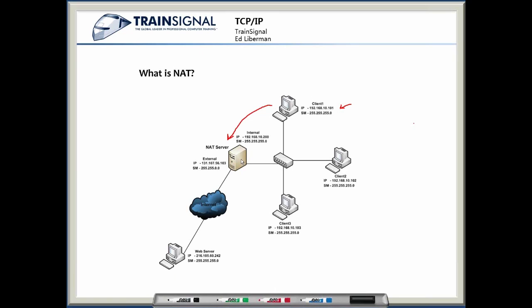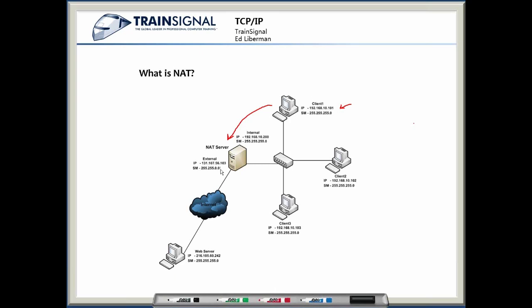The NAT server has two network cards in it. On one side, it has a network card of 192.168, which can talk with the internal clients, and on the outside, it has an actual valid live internet IP address.